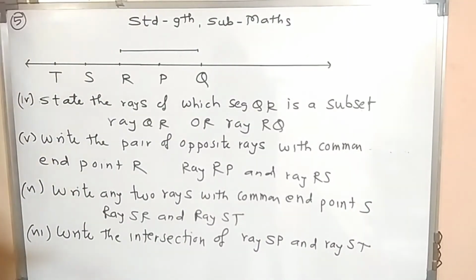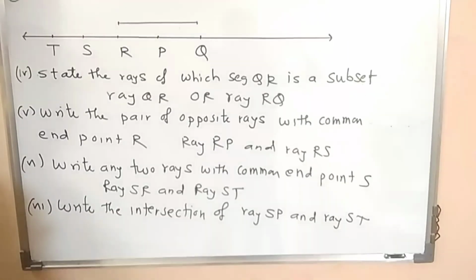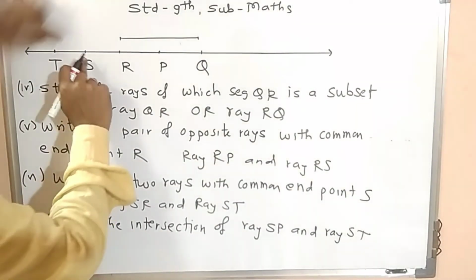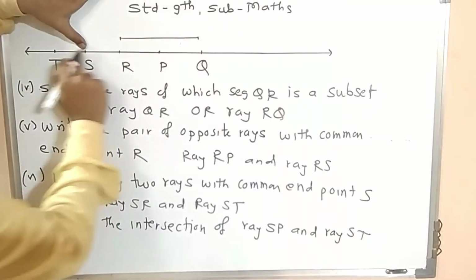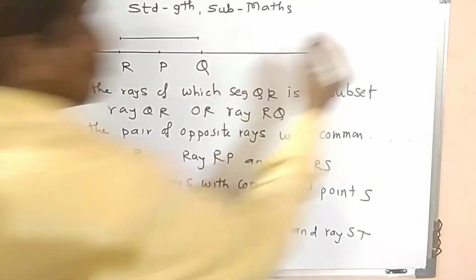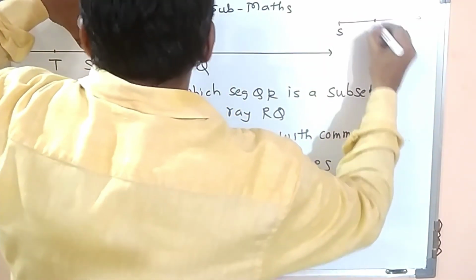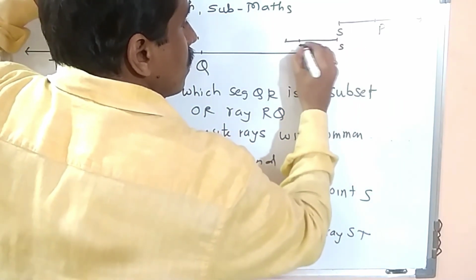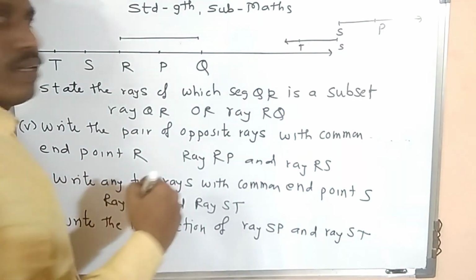Last one. Write the intersection of ray SP and ray ST. See, where is ray ST and ray SP? This one is ray SP. This one is ray ST. Which is the common element?